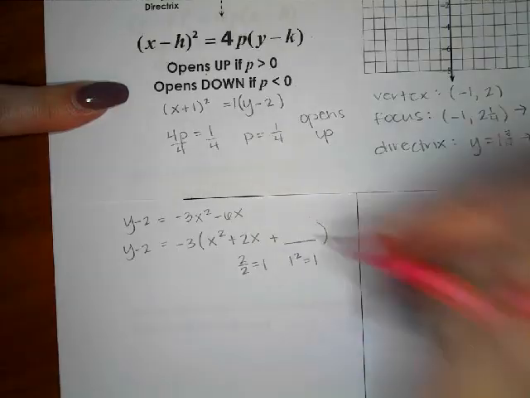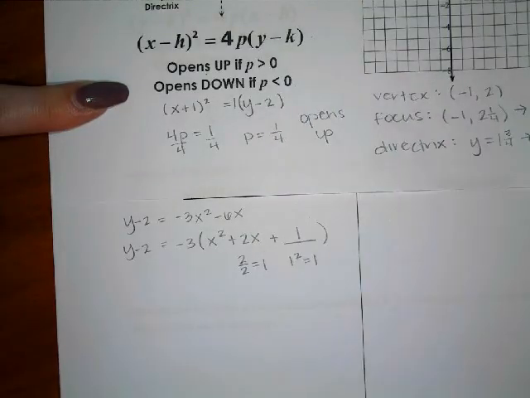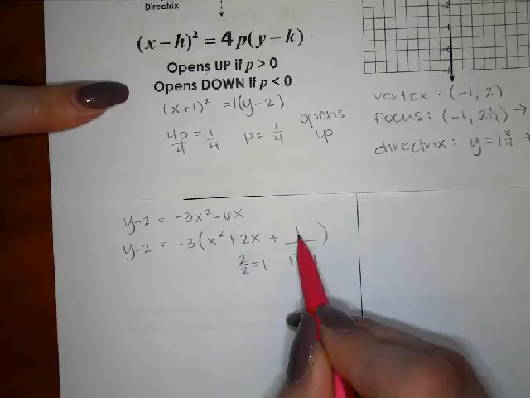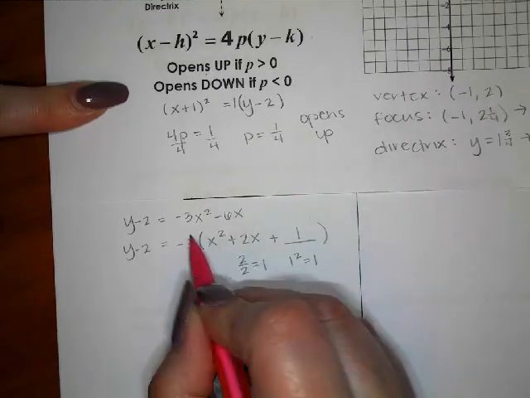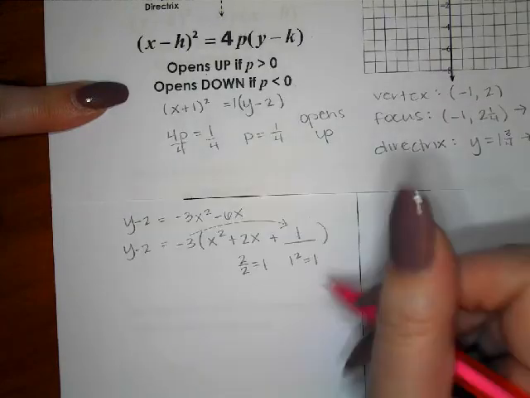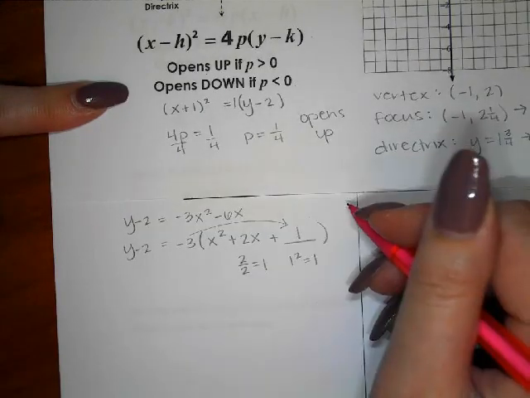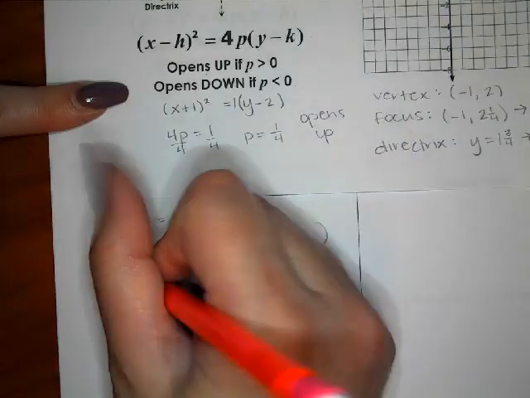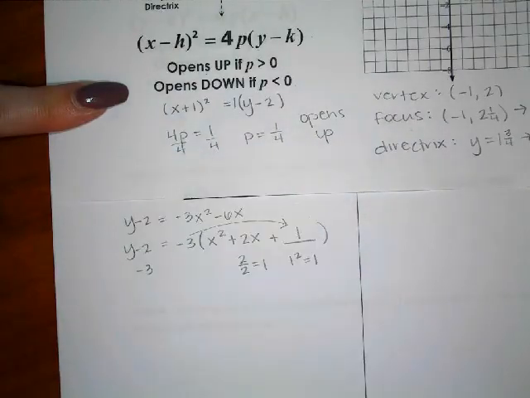But I didn't really add 1 to the right side. I really added -3 times 1 to the right side, and -3 times 1 is -3. Whatever I do to the right side, I have to do to the left side as well. So I'm going to do a -3 on the left side. On the left side, I have y minus 3.